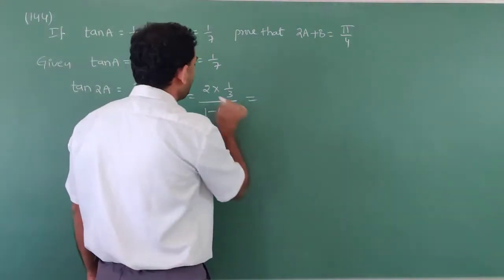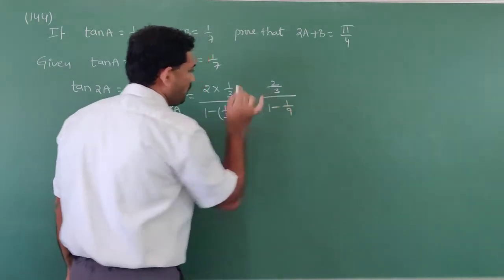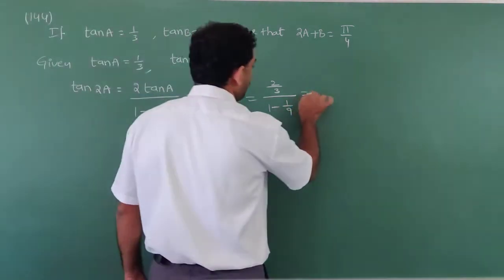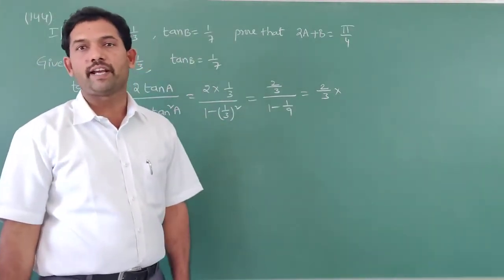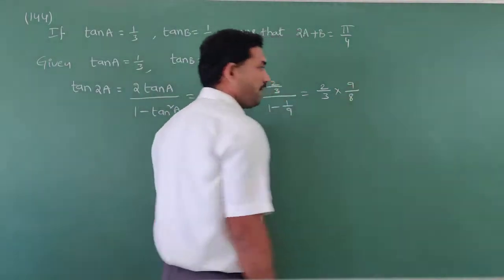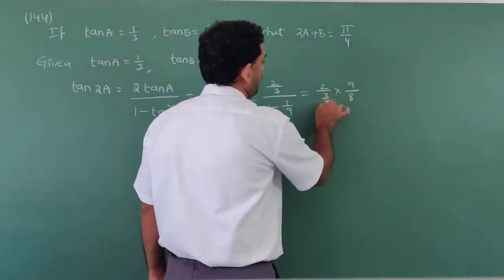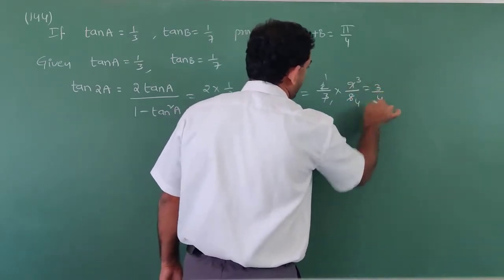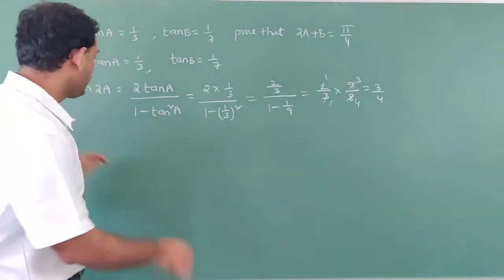So it is equal to 2 by 3 divided by 1 minus 1 by 9, which is 8 by 9. Bringing into numerator, 9 by 8. Simplifying, 3 ones are 3, 2 ones are 2 fours. So the answer is 3 by 4.